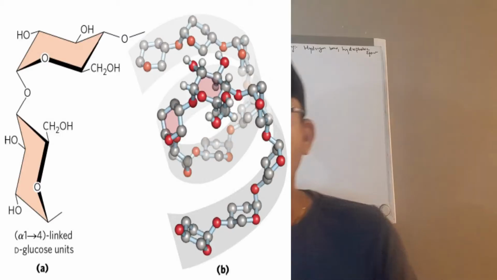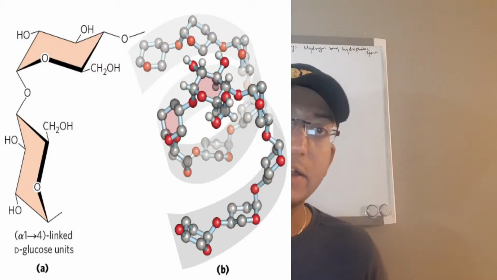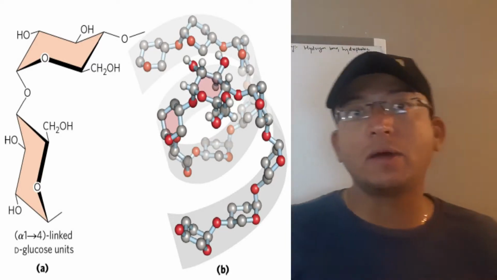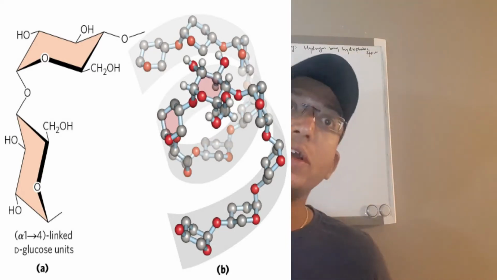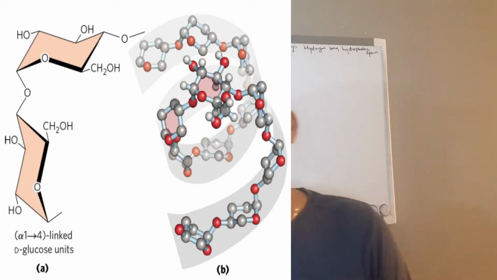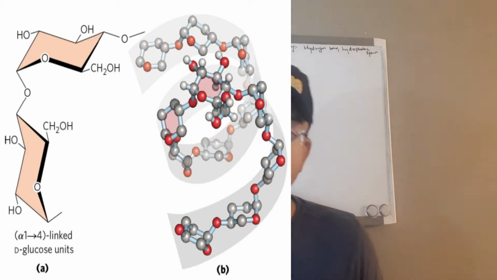The picture on the screen shows the tightly coiled helix that is stabilized by interchain hydrogen bonds. Amylose has no branches, so this structure is regular enough to allow crystallization and thus determination of the structure by X-ray diffraction.